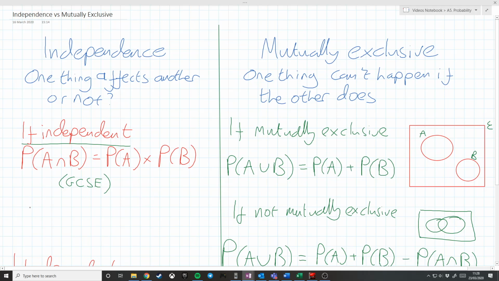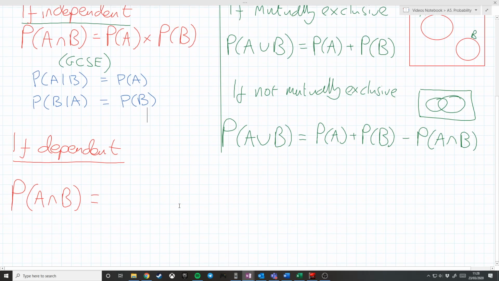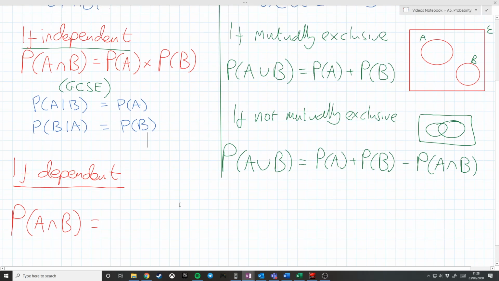I'm going to add these other two things that we now have, which is that the probability of A given B is equal to the probability of A if they're independent, and also the probability of B given A is equal to the probability of B. But we can now add if dependent.